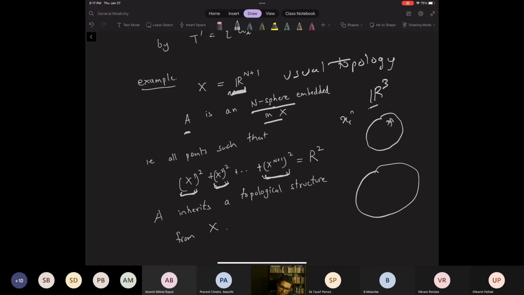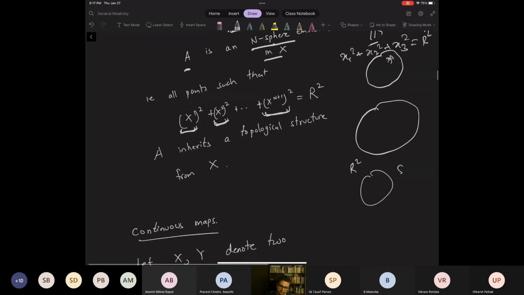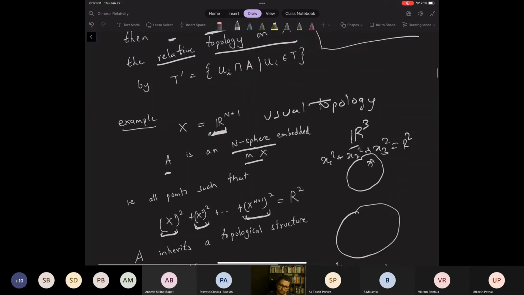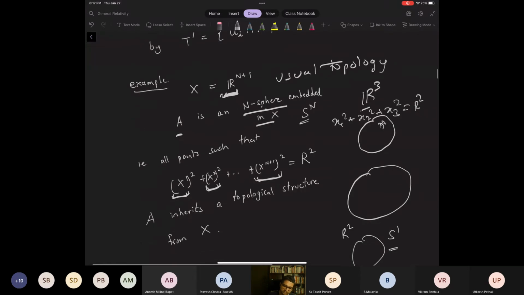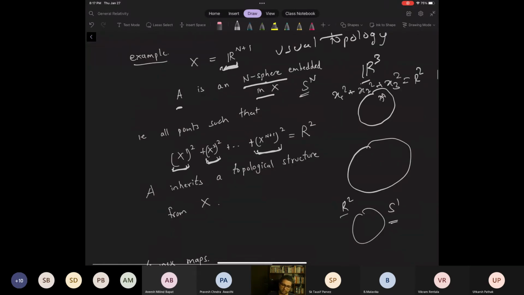So for 3 dimensions, this gives me a 2-sphere. This is the equation of a 2-dimensional sphere. Just like in 2 dimensions, I can embed a 1-sphere, which is a circle. It's called an S1. An n-dimensional sphere is called Sn. So an S1 can be embedded inside a 2-dimensional R2. Inside R3, I can embed a 2-dimensional sphere.